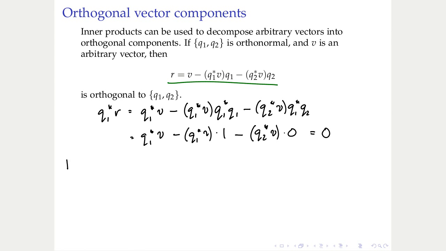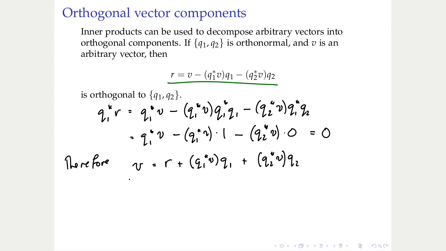So if we rearrange this formula, we have that our vector v, which is our arbitrary vector, is equal to r plus q1 star v q1 plus q2 star v q2.